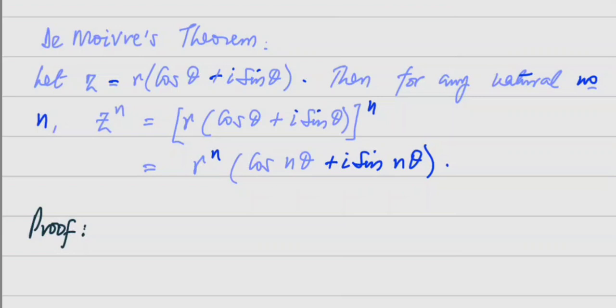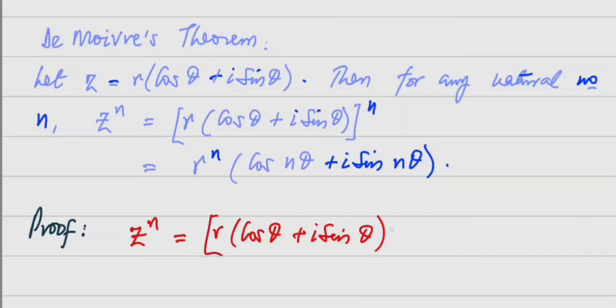We want to use mathematical induction to show that z raised to power n, which is r(cos theta plus i sin theta), all raised to power n, equals r raised to power n into (cos n theta plus i sin n theta).